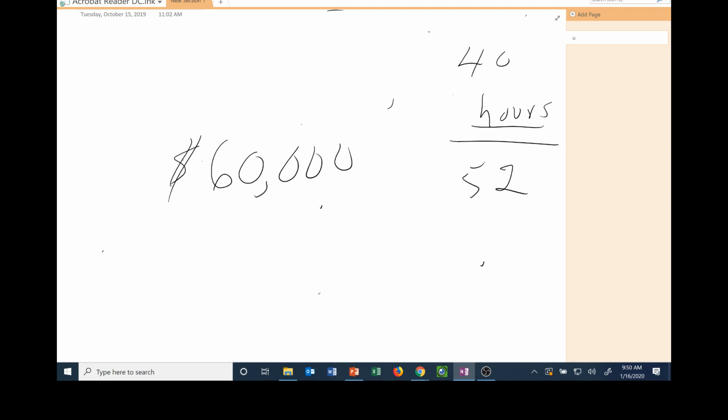I hope you're participating with us on your calculators or pencil and paper. It may come out to a fraction. If it does, carry it out to 3 decimal places.